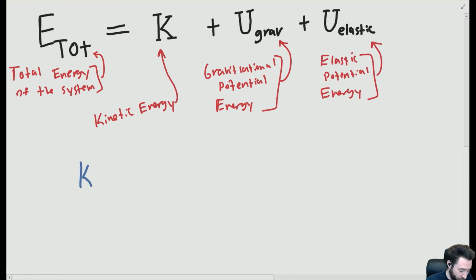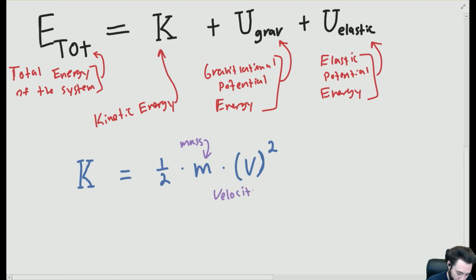So the equation for kinetic energy is equal to 1/2 times the mass times the velocity of that object squared. Mass, velocity, and you already know what kinetic energy is.